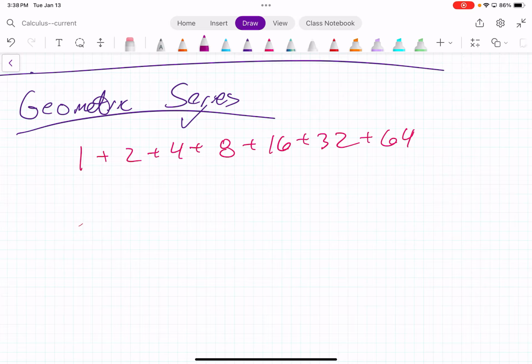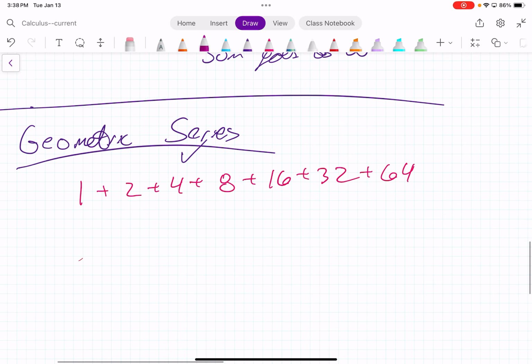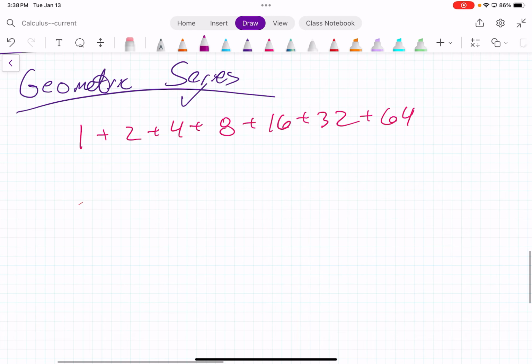So I'm going to write something here a little different for this one to help us maybe see it. So what if I say this? S sub n is equal to a sub 1. Normally I'm sorry, that should say s sub n, sum. S sub n is a sub 1, and normally we would say plus a sub 2, right?